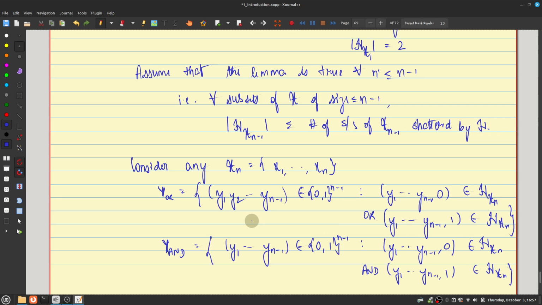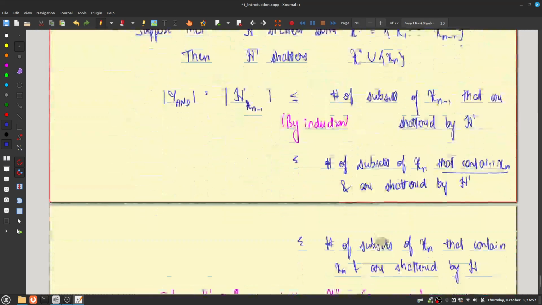So y1 through yn minus 1 is certainly in this particular set, and that is also present in this. But if only one of y1 through yn minus 1 0 and y1 through yn minus 1 1 is present, then this counts a 1 but this counts a 0. So it's not exactly half.